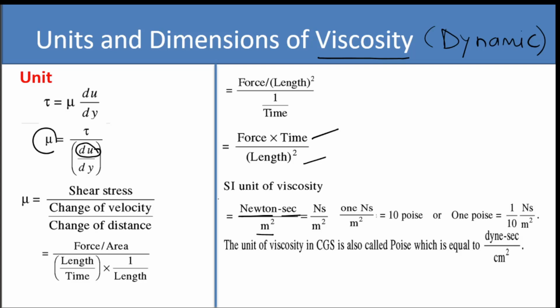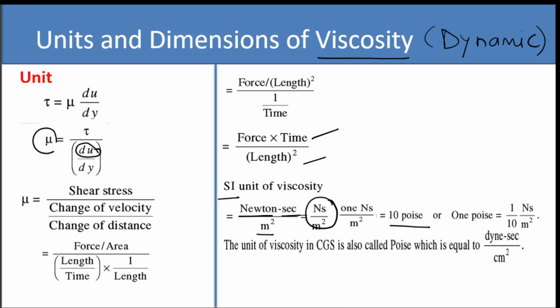So the SI unit of viscosity is Newton second per meter square. Many times we use the unit of dynamic viscosity as poise. So the conversion factor is 1 Newton second per meter square is equal to 10 poise, or 1 poise is equal to 1 divided by 10 Newton second per meter square.